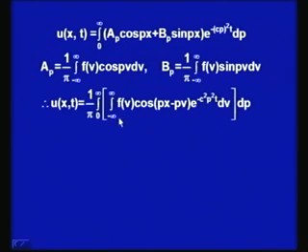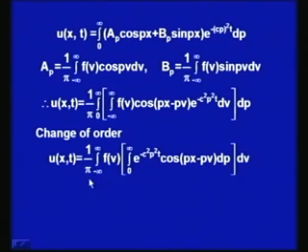Now, this f is actually your initial condition. Let us simplify it a little bit more. If we allow the change of order of integration, that is, interchanging the integrals with respect to v and with respect to p, and suppose that these integrals exist, then this interchange is possible.